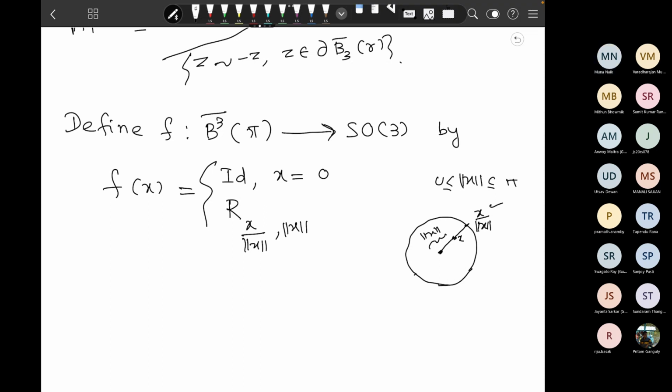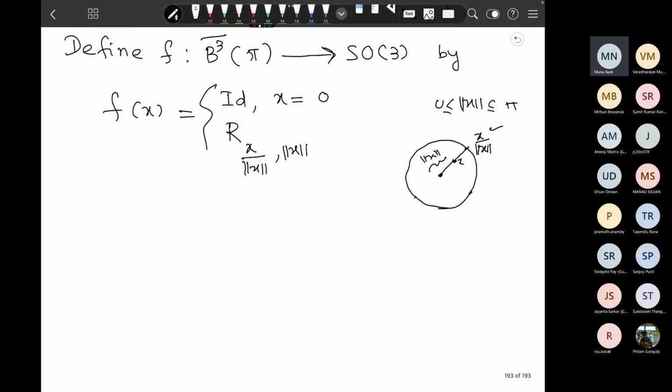Now suppose you take this rotation R with v and theta, and you perturb v a little bit to v prime, and theta a little bit to theta prime. Then you expect that this perturbation depends continuously on v and theta.